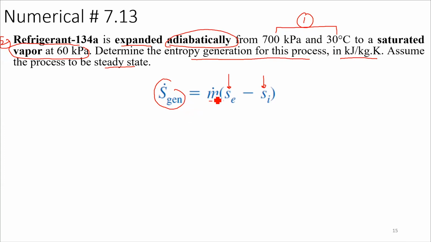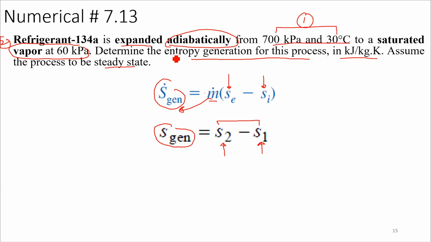Since the mass flow rate is constant, you can divide S dot gen by the mass flow rate. You can bring it over here and this would become small s gen, that is entropy generated in kilojoules per kg per Kelvin. And this would essentially be equal to S2 minus S1, the entropy of the fluid which is exiting, and the entropy of the fluid which is entering. So for the inlet, your conditions are known.